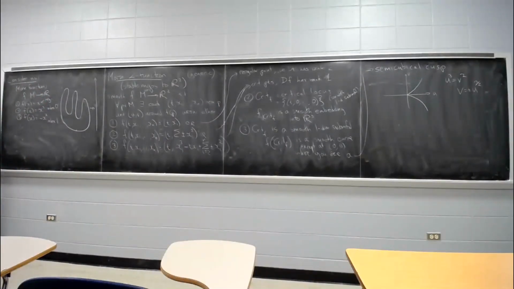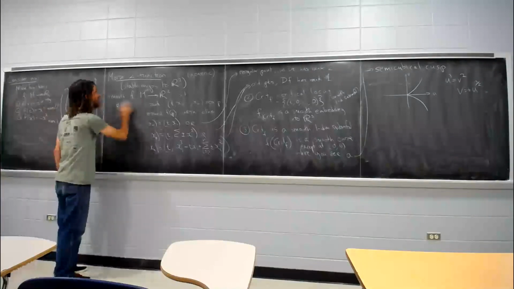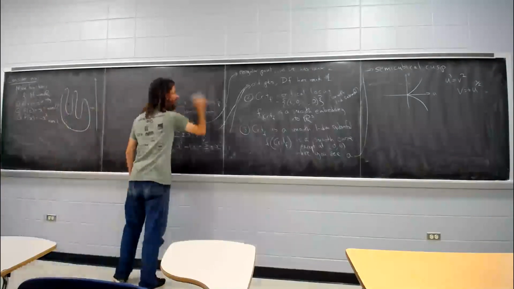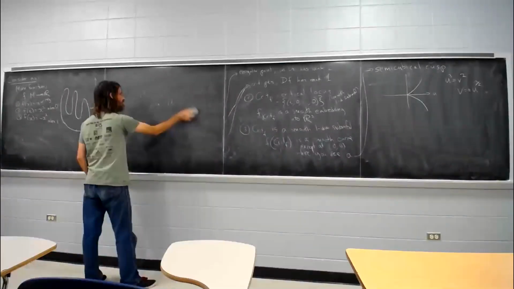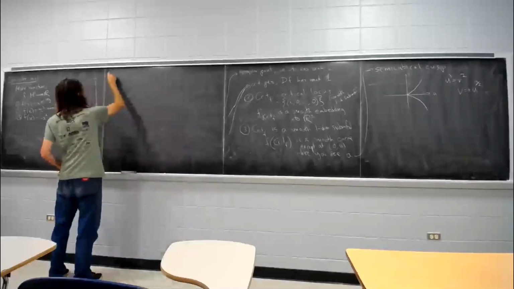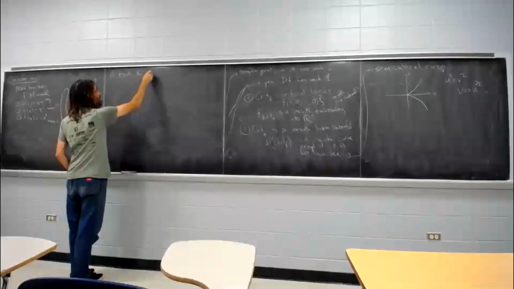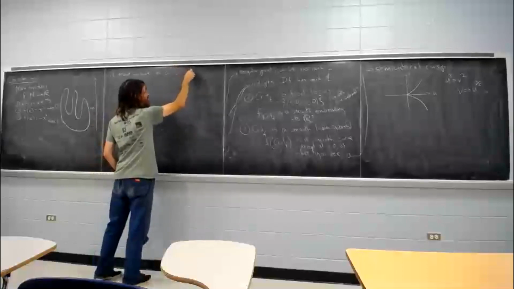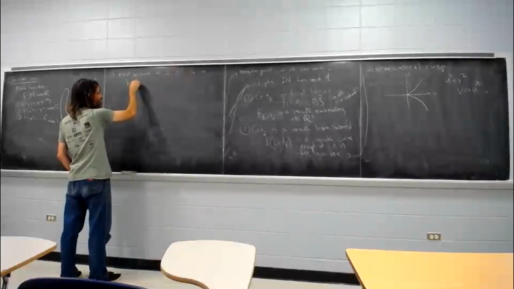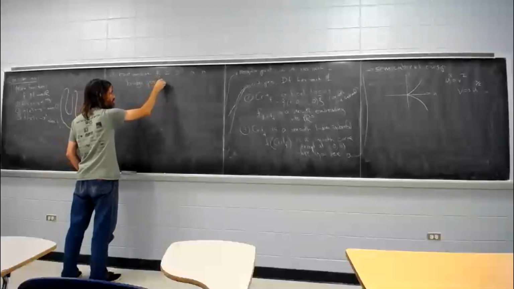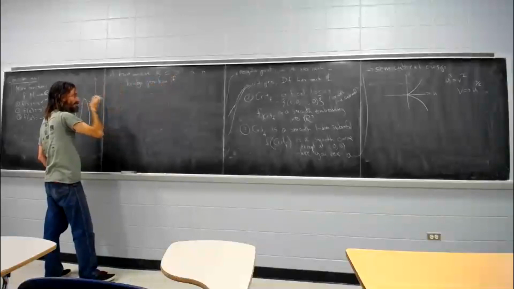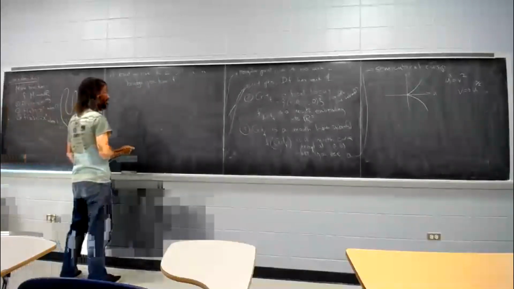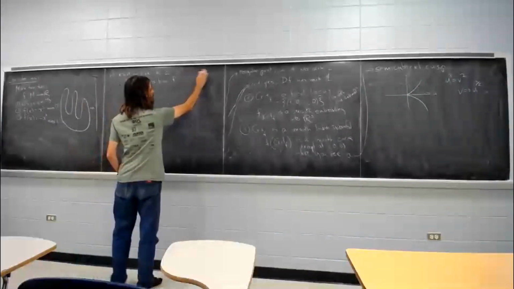However, one thing I do want to say is, if you want to think about putting a knot in bridge position, it ties back to what Jeff said. A knot K of length 3 is in bridge position if, so I think of the knot K as a submanifold of S3, and S3 sits inside R4.